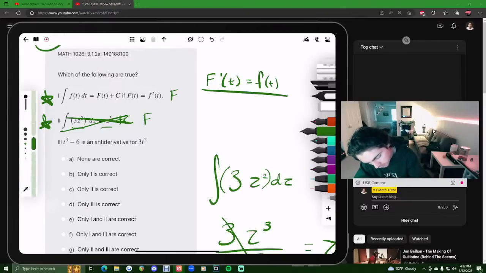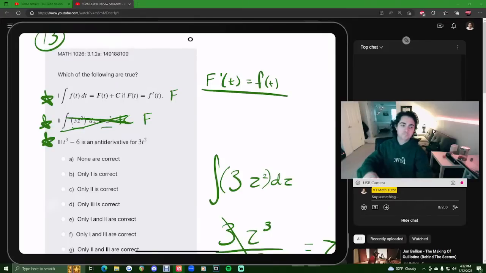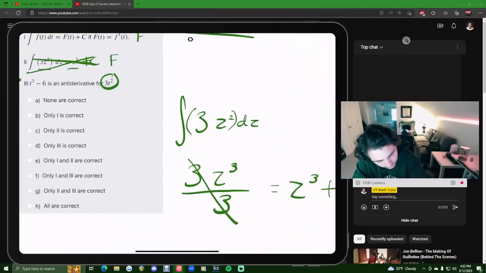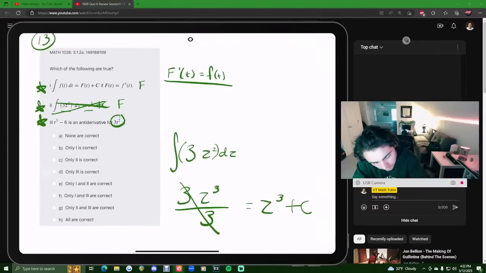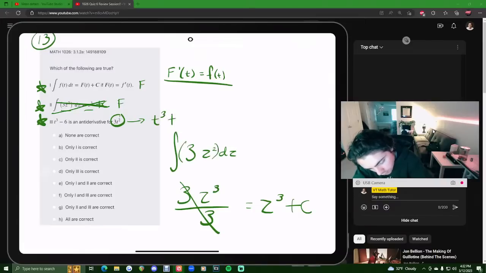Okay. Number 3. T cubed minus 6 is an antiderivative for 3t squared. Very interesting. Pretty much the same question as number 2, but let's talk about it. An antiderivative for 3t squared, we basically just said that the indefinite integral for 3t squared is t cubed plus c.